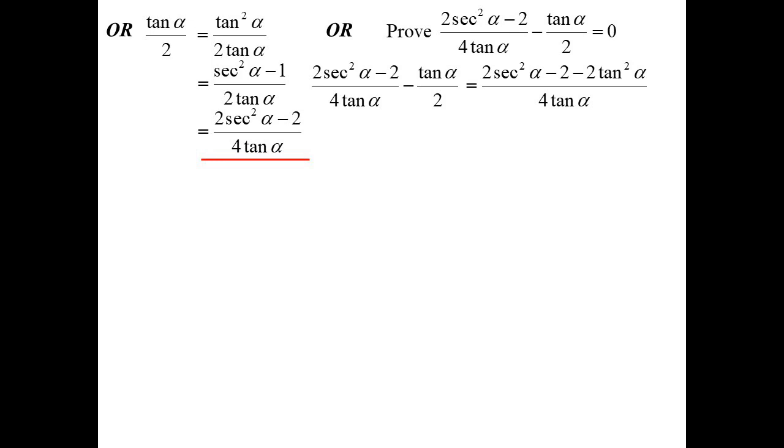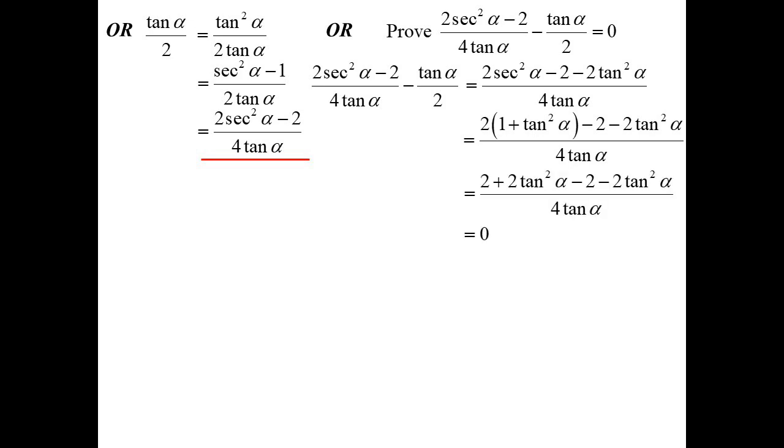All right, common denominator, let's make it 4 tan alpha. On the top we get 2 sec squared alpha minus 2 minus 2 tan squared alpha. The sec squared I can change to 1 plus tan squared. And look what happens to the top. We've got 2 plus 2 tan squared alpha minus 2 tan squared alpha. Well, all of that is 0.